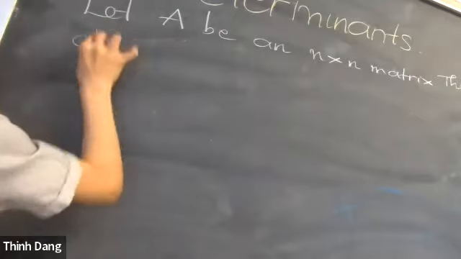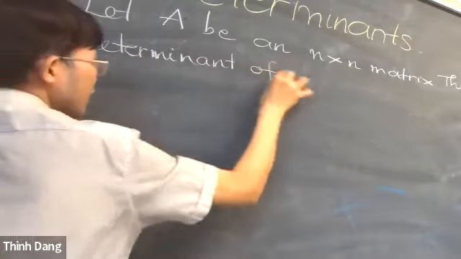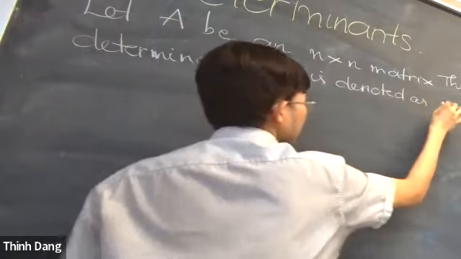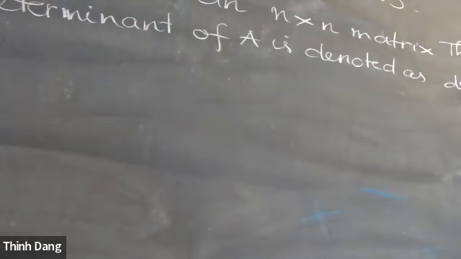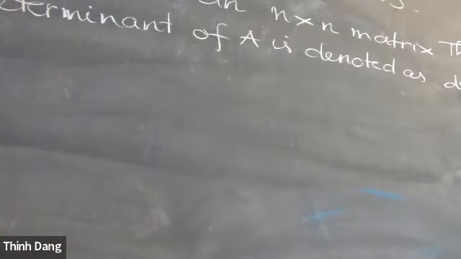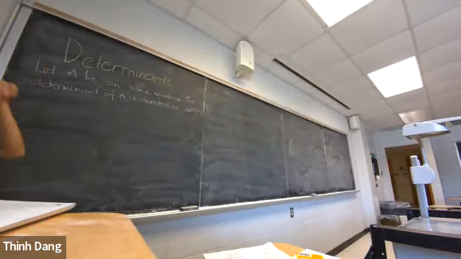The determinant of A is denoted as det A. First of all, the determinant of any square matrix is a number, and that number will tell us some information about the matrix. That's why people are interested in this number.